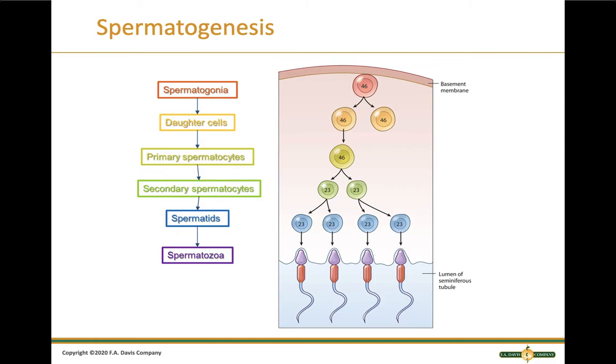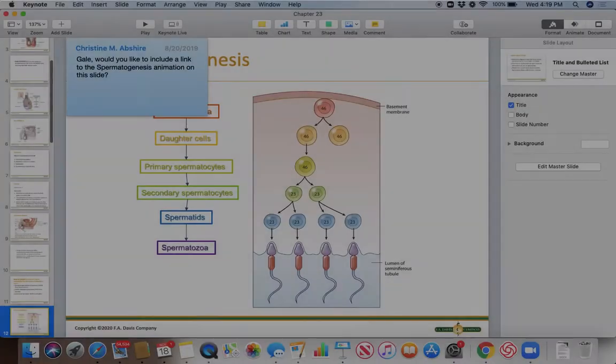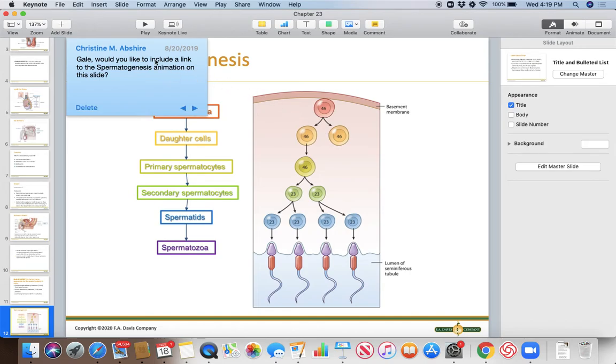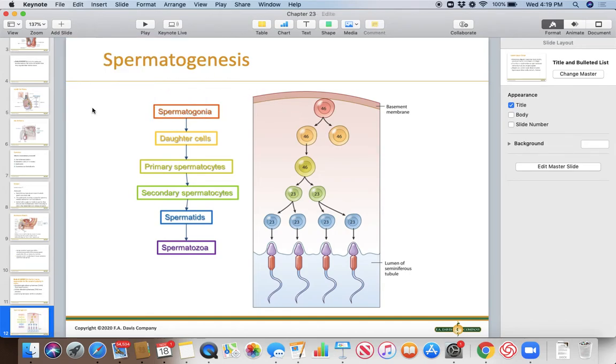Then next we need to know the difference between meiosis and mitosis. So most cells in our body undergo mitosis, and if we look above this line, that's mitosis. One cell divides into two cells and they have the same number of chromosomes.